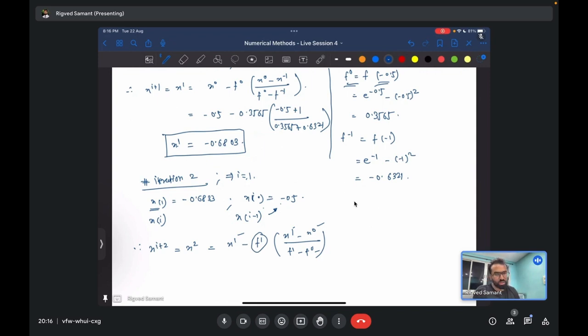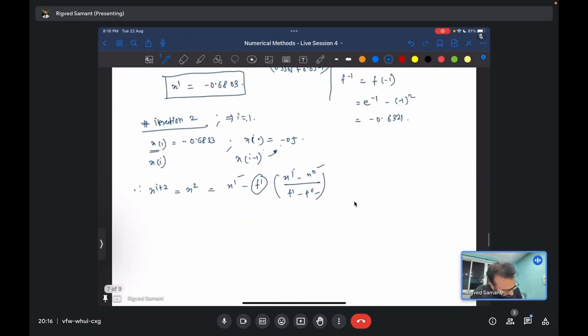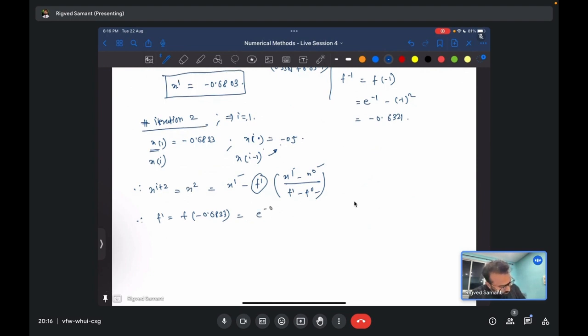Rest of the values you already have. So therefore f1 is f of minus 0.6803, that is e raised to minus 0.6803 minus 0.6803 square.